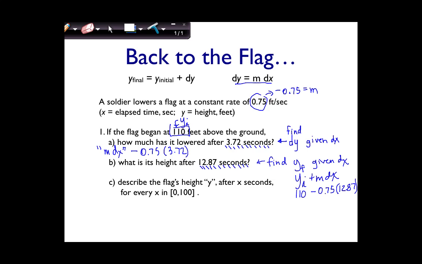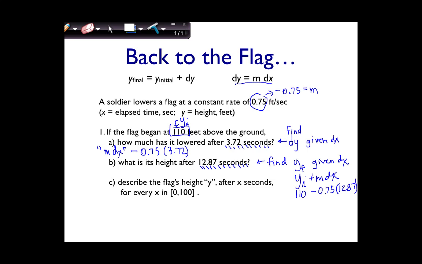All right, so here's the part C that's kind of more like the part B or C at the bottom of the last worksheet. Describe the flag's height Y after X seconds for any X between 0 and 100. What the 0 to 100 is, eventually this flag is going to be low enough and you're going to stop this constant rate of descent and start folding it up and doing something cool.